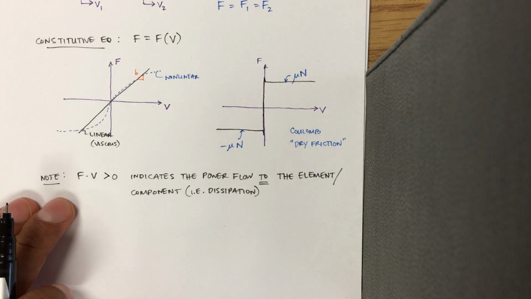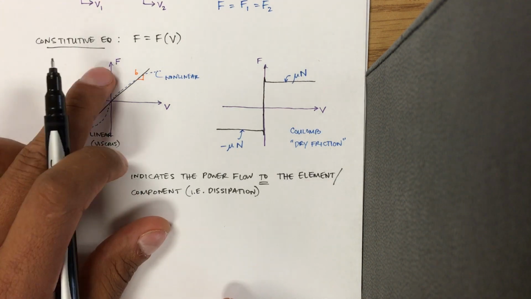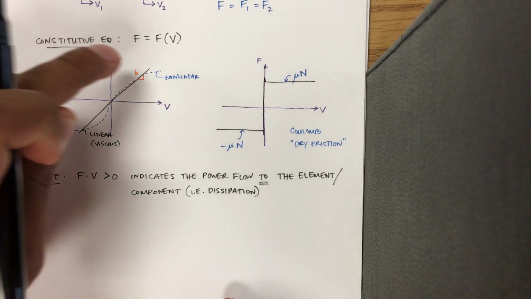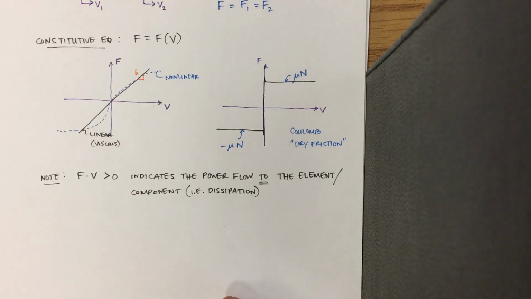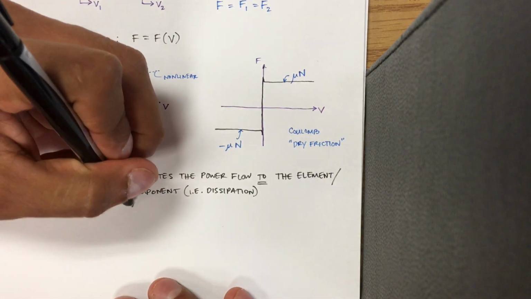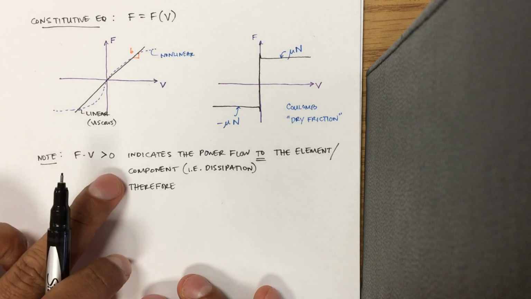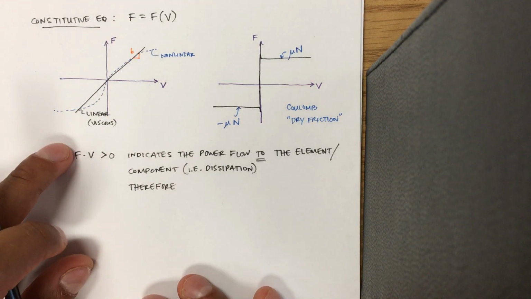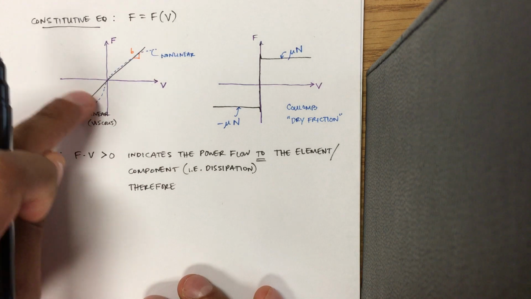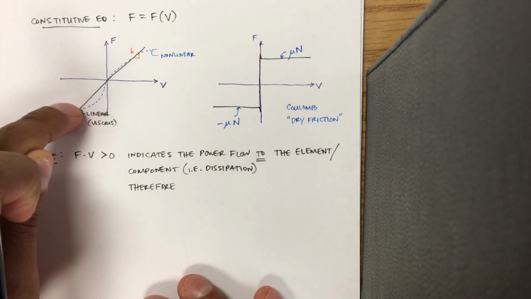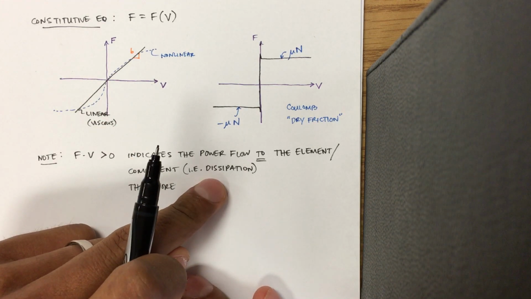Now, one of the things that we can make a note of, using this fact, is that the curve between F and V must lie in the first and third quadrants in order for us to have dissipation. So let me write, therefore, whenever the product of F and V is positive, that is only true in the first quadrant, where we have a positive effort and a positive flow, or if we have a negative effort and a negative flow, then the result is a positive power, aka dissipation.